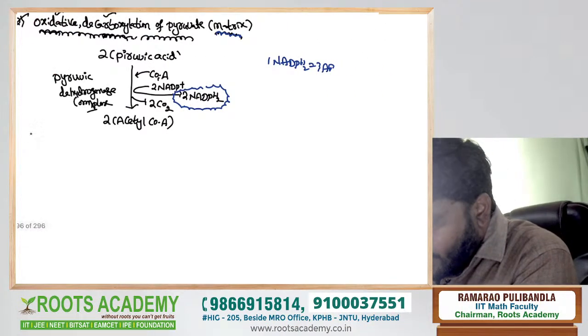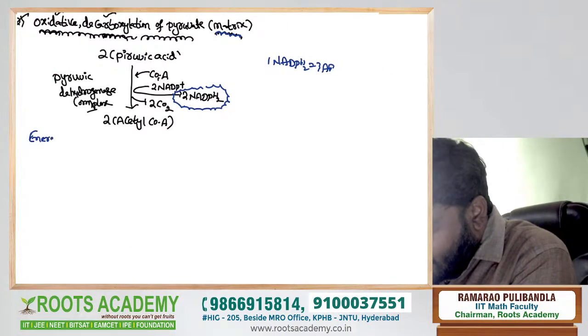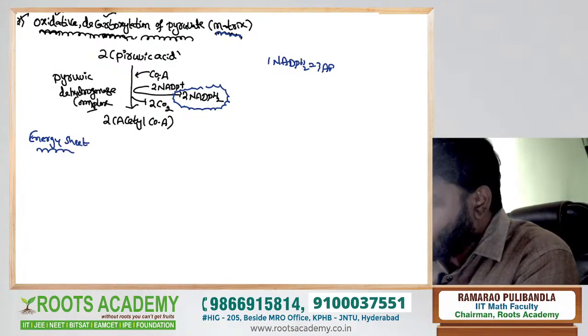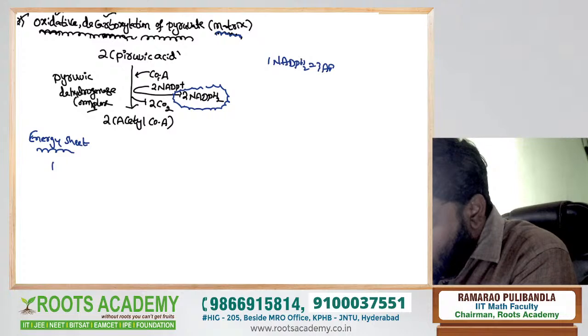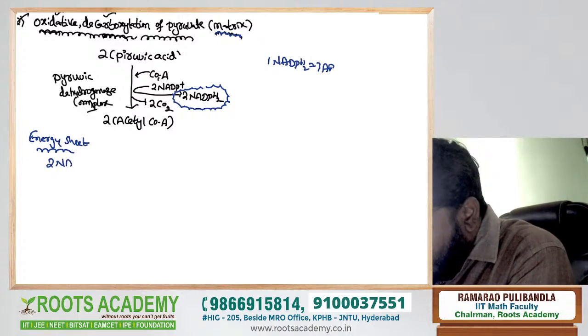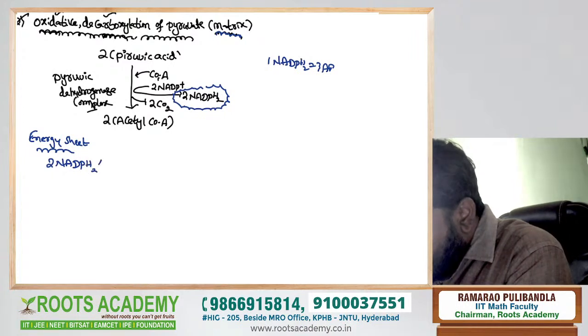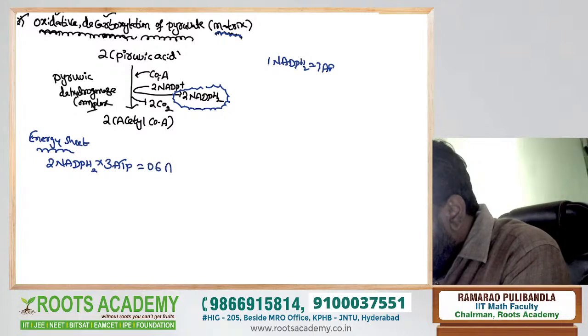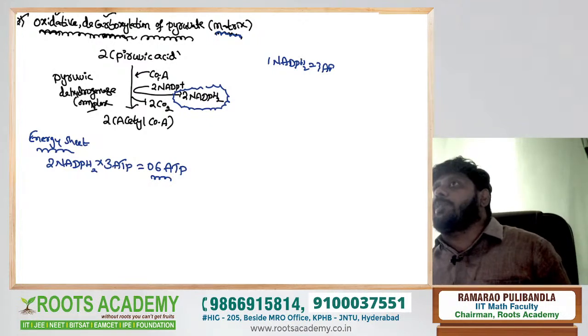So what is the energy yield of oxidative decarboxylation? We have 2 molecules of NADH2, each one produces 3 ATP, 2 into 3, 6 ATP. Are any ATPs consumed here?